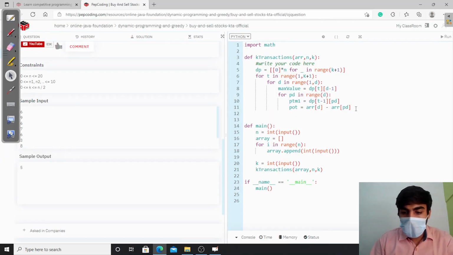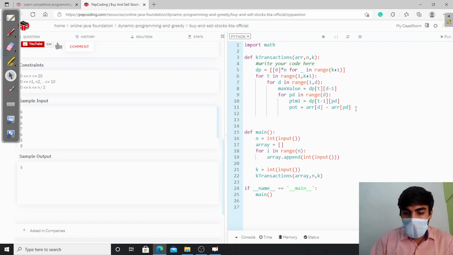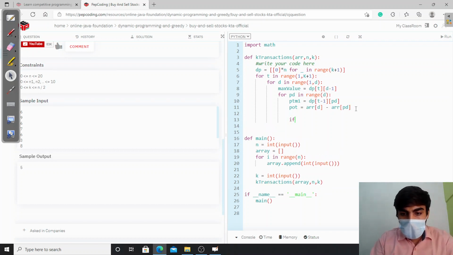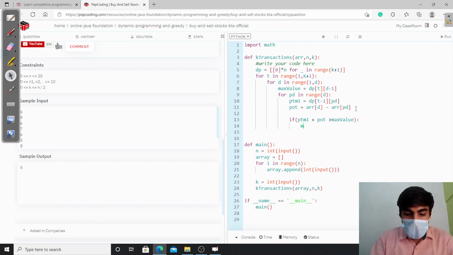After that we have a condition: if profit of t minus 1 plus profit of transaction is greater than max value, then max value is equal to profit of t minus 1 plus profit of transaction.